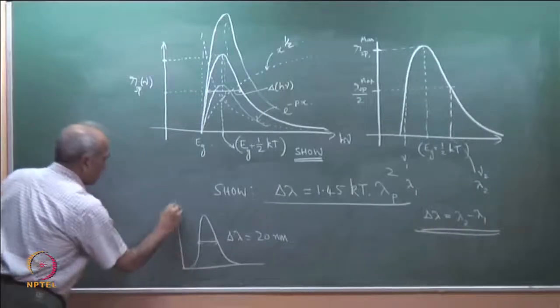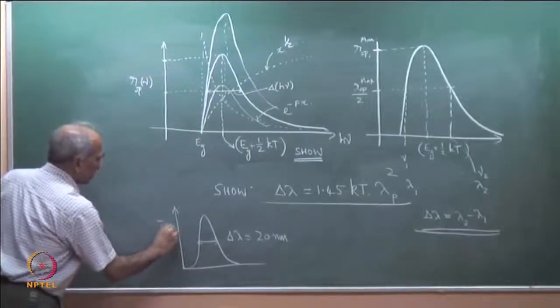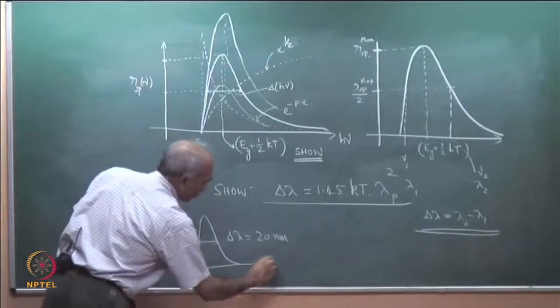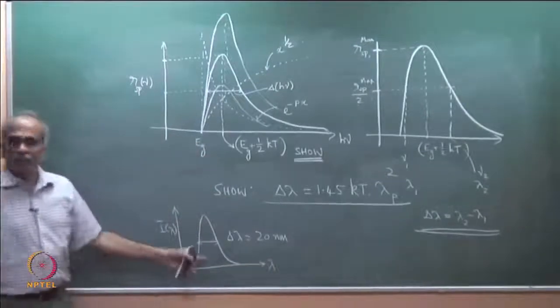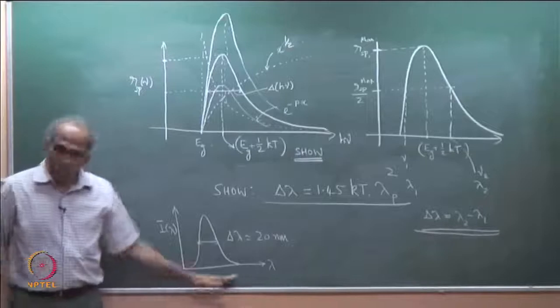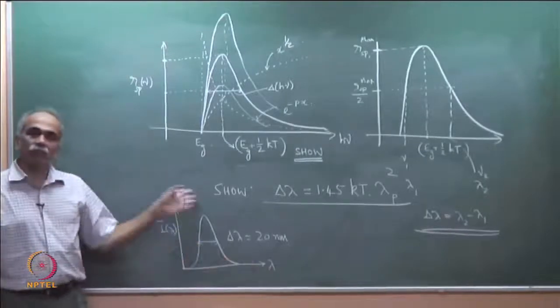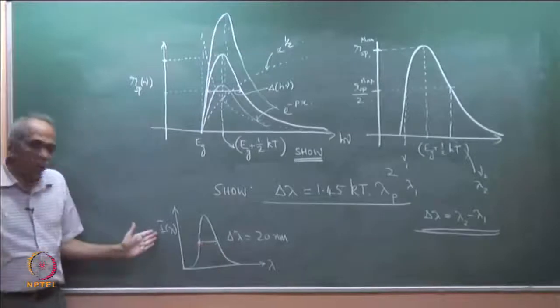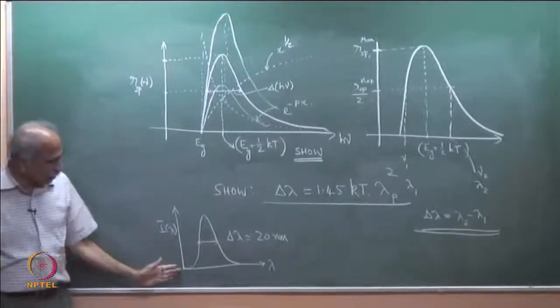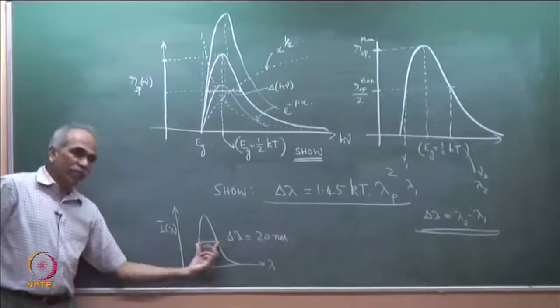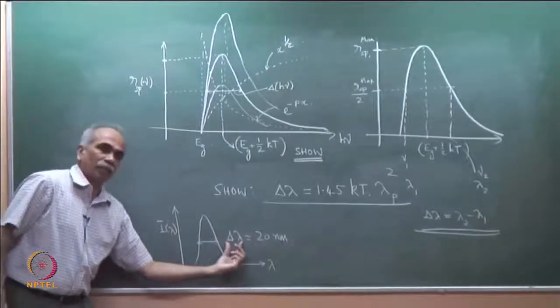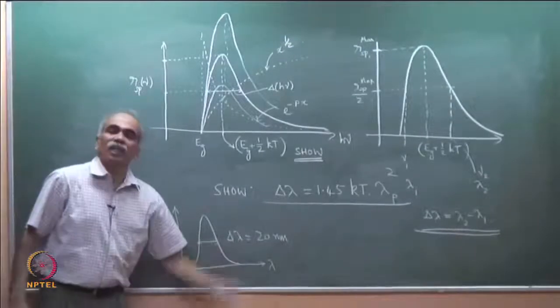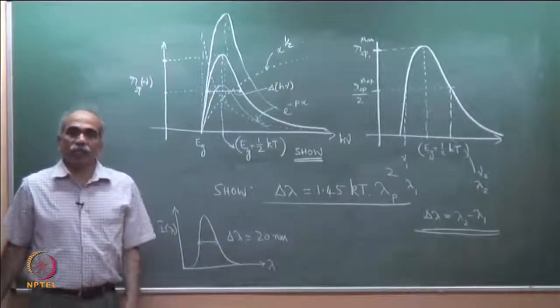I have plotted intensity output I lambda as a function of lambda. Optical measurements are done at wavelength. So, you change the wavelength and measure the spectrum of an LED output and you have intensity variation as a function of lambda. The full width at half maximum is delta lambda, which is typically 20 to 30 nanometer for a light emitting diode.